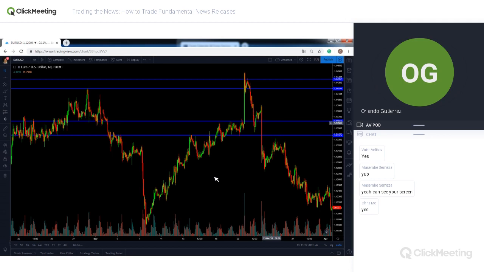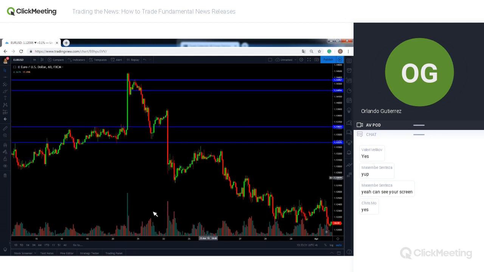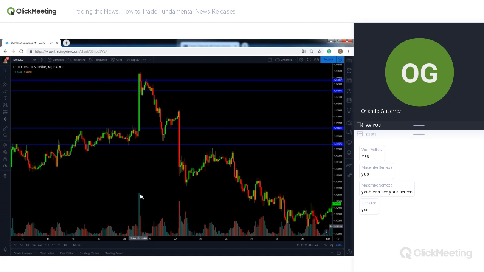Because if you take a look at that volume increase when the news hit the wires, this is when to actually be making money. Because after that, when momentum dies, guys, you can't expect that you're going to have a continuation on the move that you're trading, because let's face it, momentum is dying because volume is thinning out. So this is one very good example on how to trade the news.